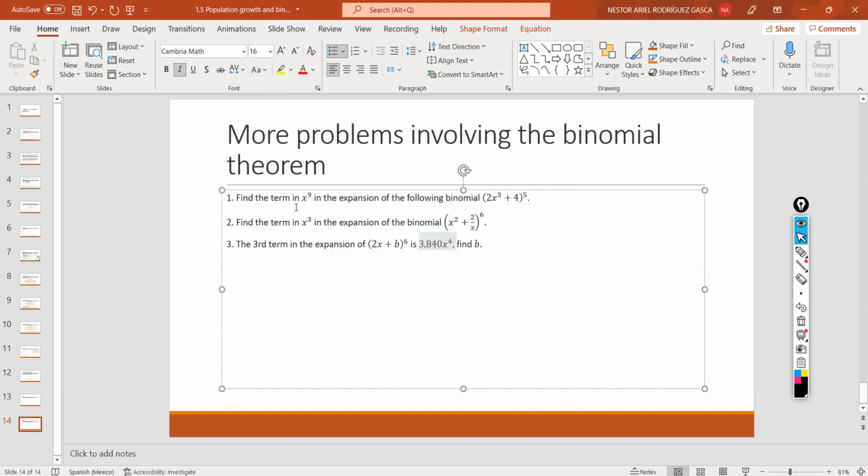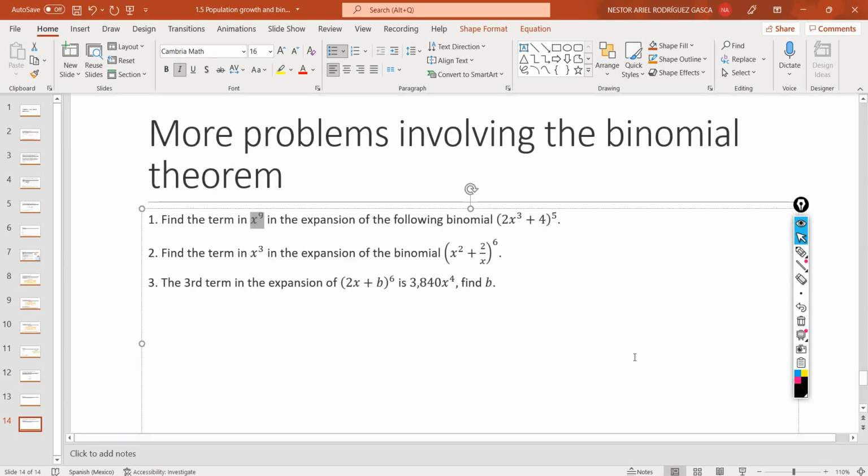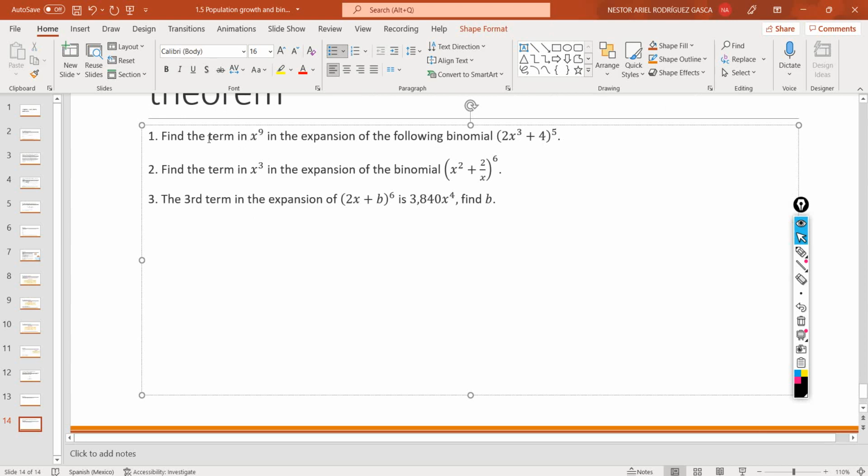Okay, so let's begin with the first problem. Find the term in x to the 9 in the expansion of the following binomial. First, guys, what I need you to understand is the meaning of this phrase, the term in x to the 9.